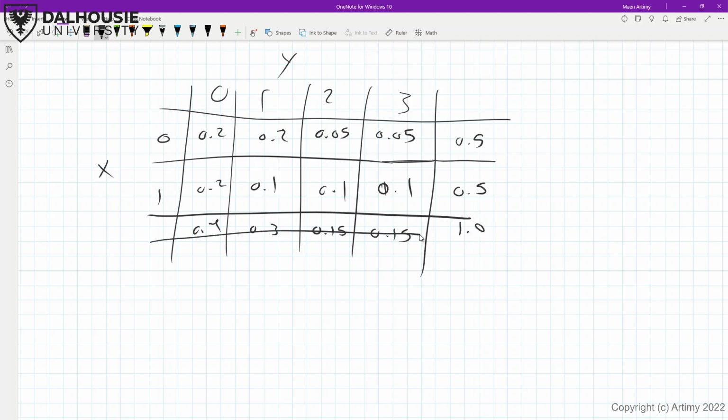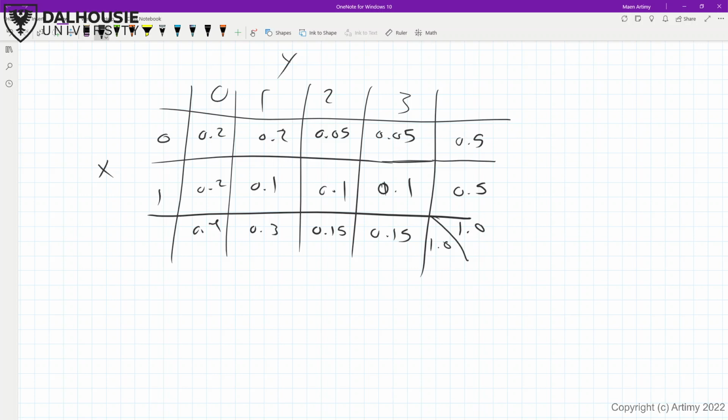And if I add all the columns here, I will end up with 1 as well. So that's 0.4 and 0.3 is 0.7, plus 0.3 between these two, so that's 1. All right, so that's the table.